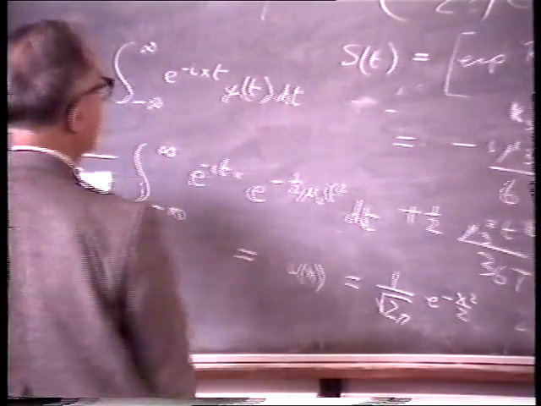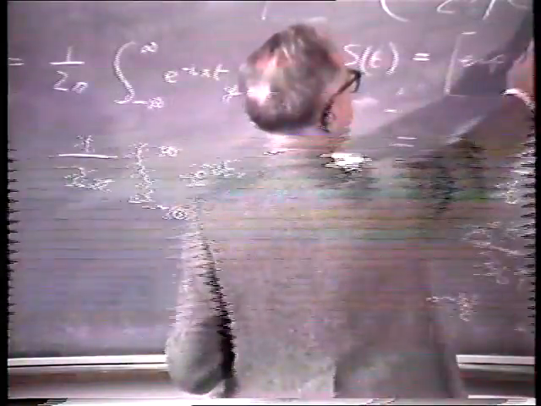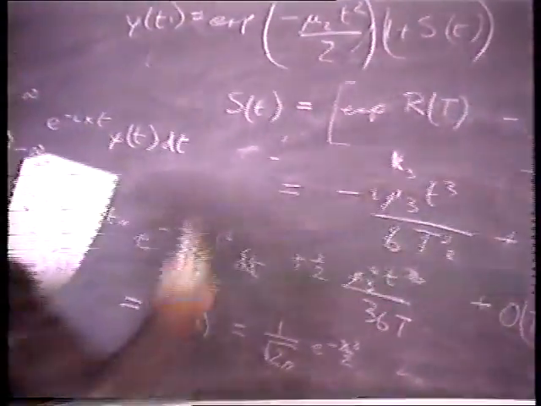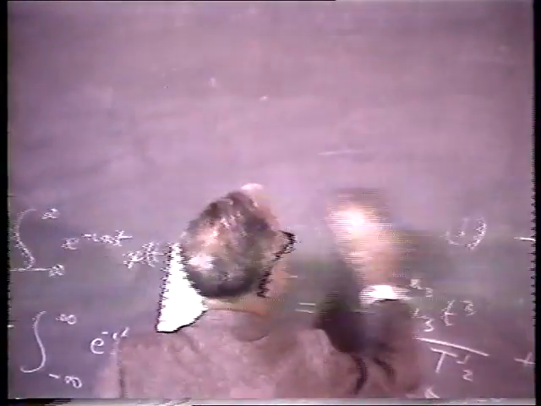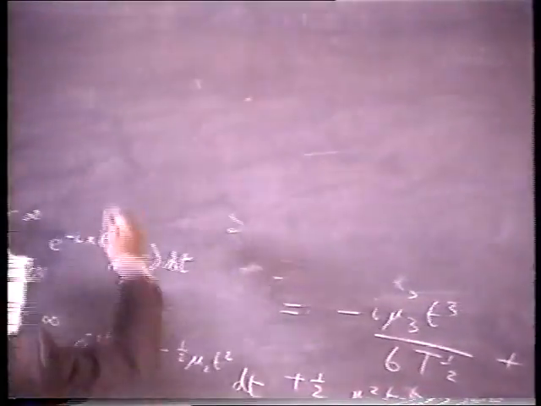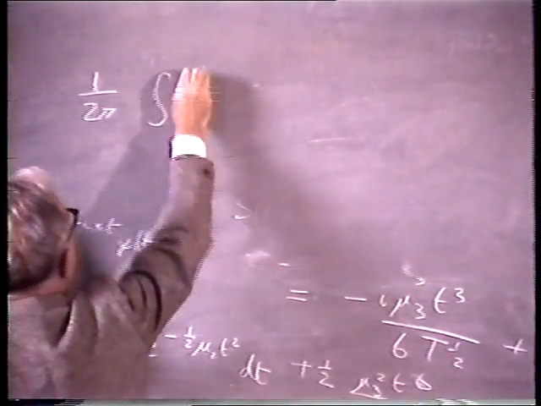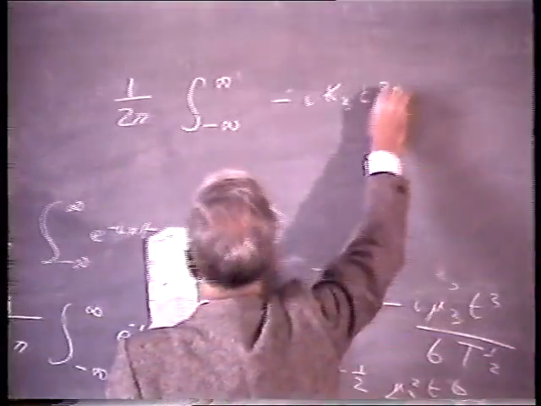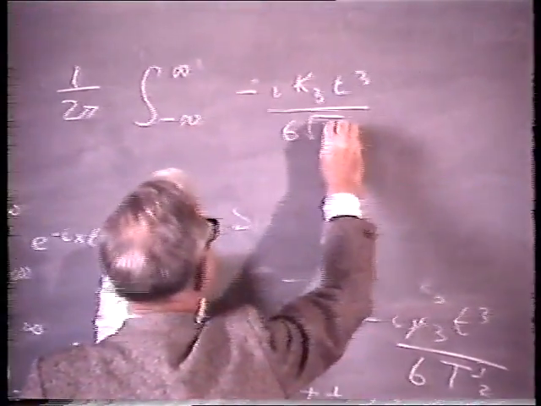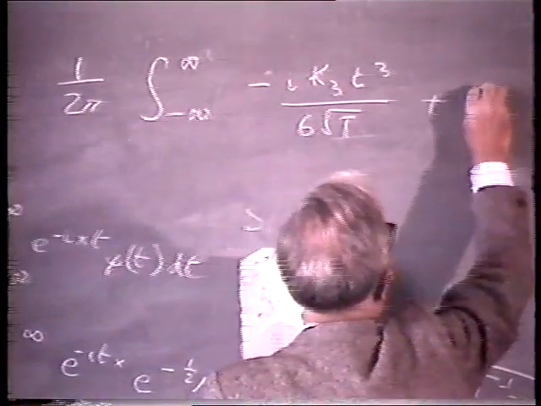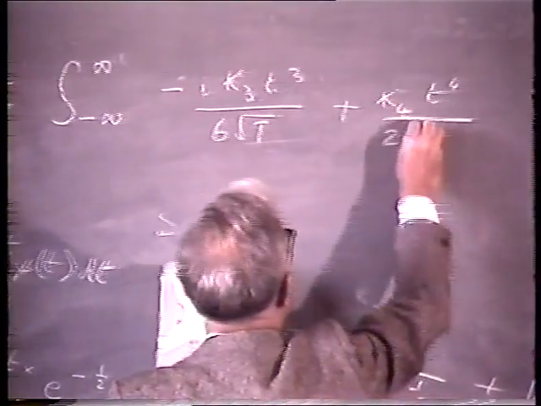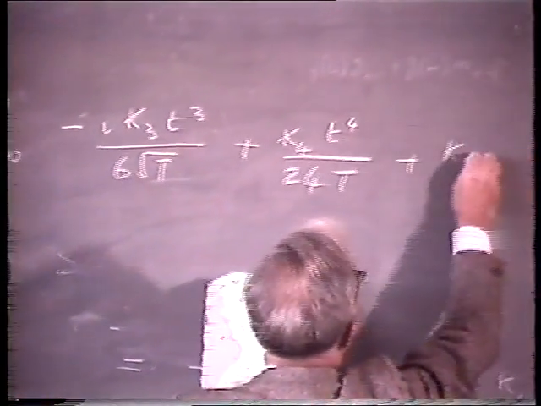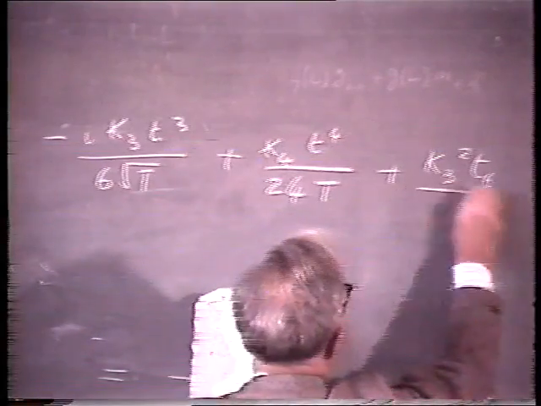Now the further terms you see that you get by now looking at the integral of the s(t) times e to the minus mu t squared upon 2 give you terms, well, I'll actually just write them all down. The further terms that arise from the s(t) are as follows: 1 upon 2 pi integral from minus infinity to infinity, and you have minus i kappa 3 t cubed over 6 square root of t plus kappa 4 t to the 4 over 24 t plus kappa 3 squared t to the 6 over 72.